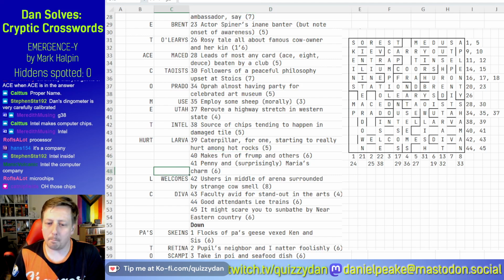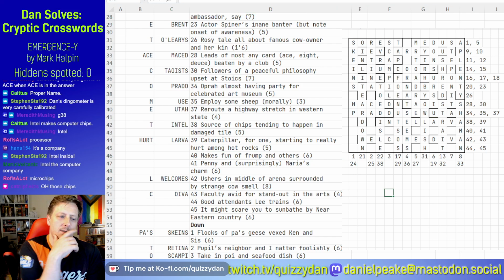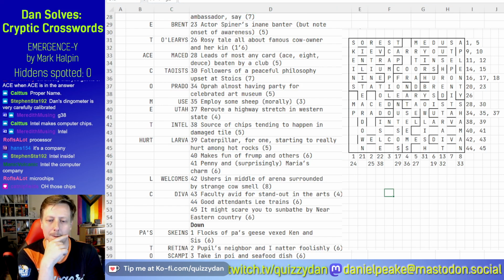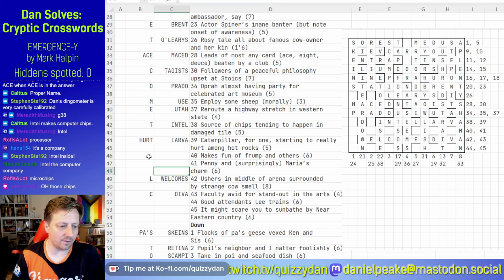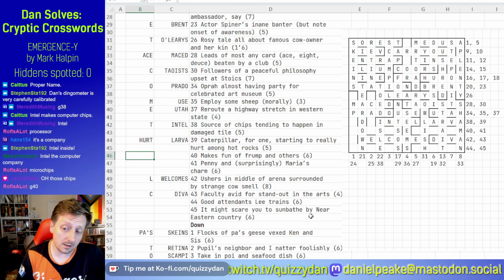Makes fun of Frump and others. It's going to be a single letter that comes out, so it's probably the F of Frump. Rump is a cut, a rump is a behind.